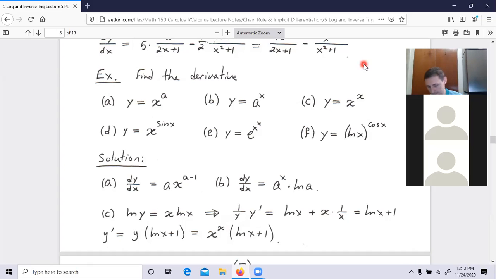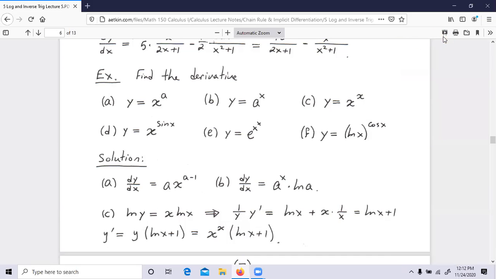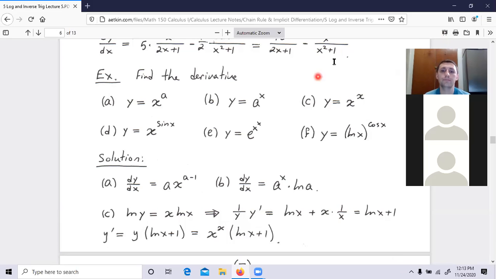Calculate the derivative. All right, calculate E, please.